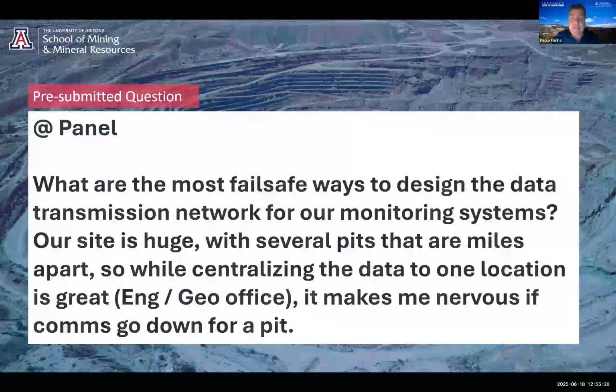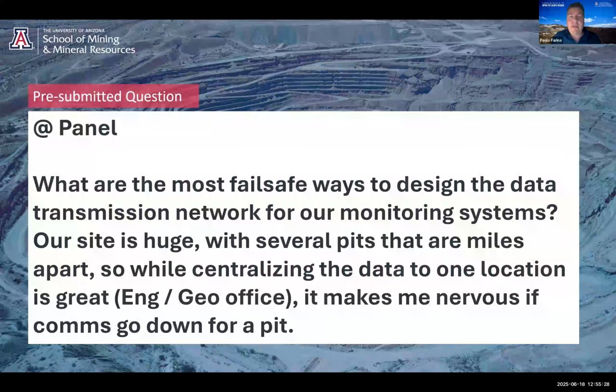So in this specific case, I would say that we could create a few mesh topology telemetry systems that can then be connected with the central offices of engineering or geology.